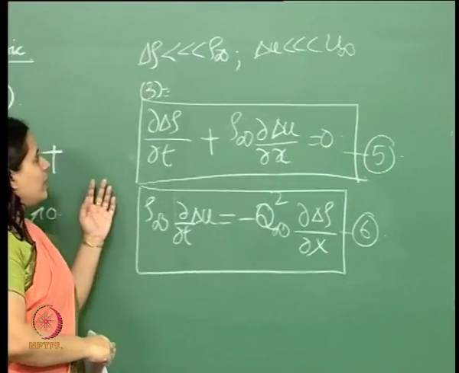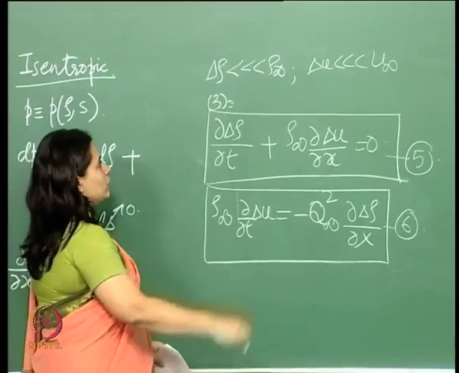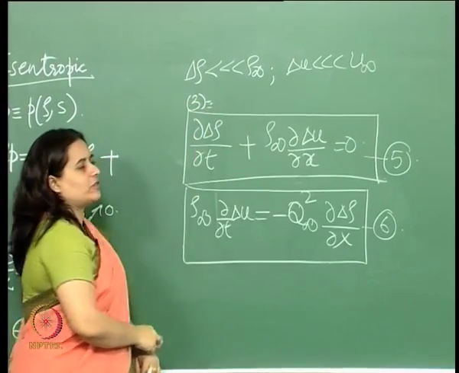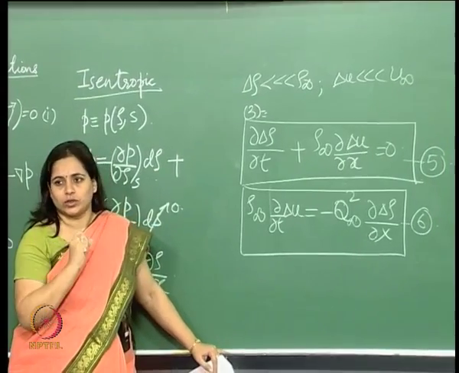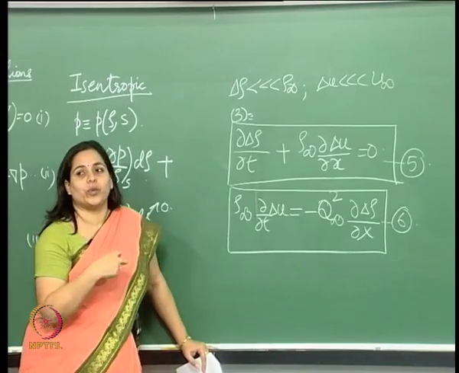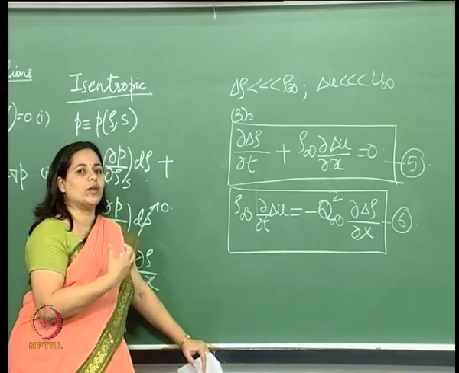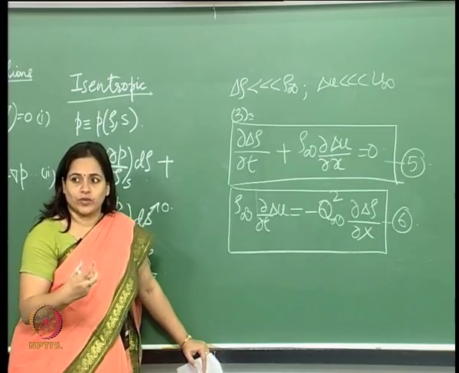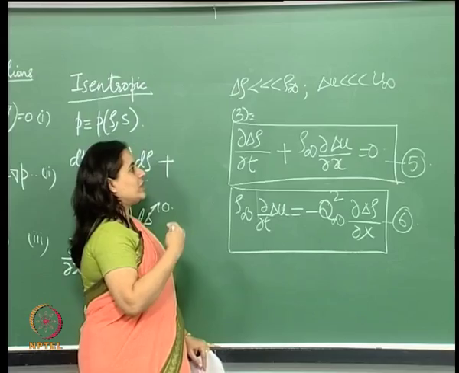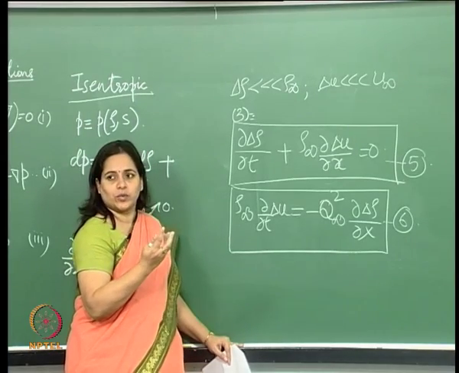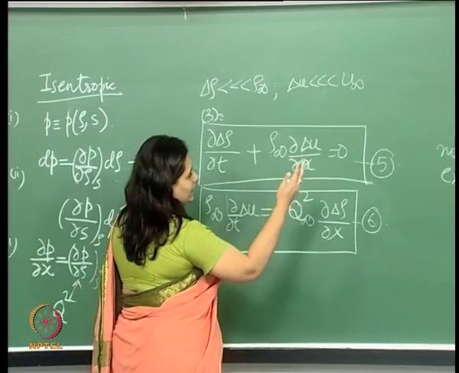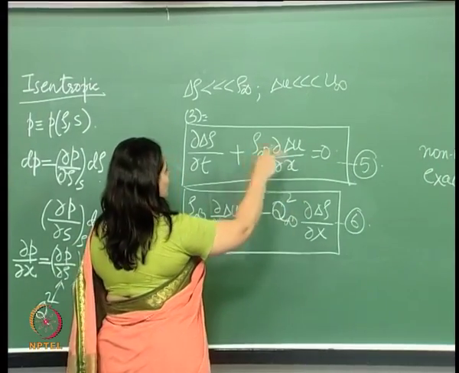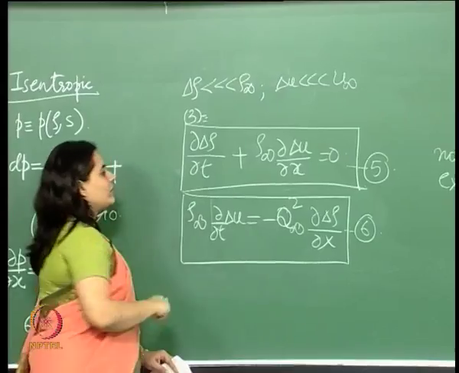Now, what we do is we assume that the disturbances are very small. So, let us say we make a small perturbation assumption, which means it is a very weak wave. Okay. What is the weakest form of wave? The sound wave, right. So, let us just say a sound wave is something that we are trying to look at here. In that case, the exact nonlinear equations reduce to equations 5 and 6.